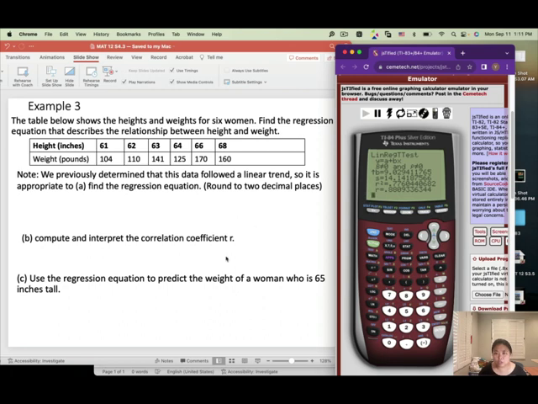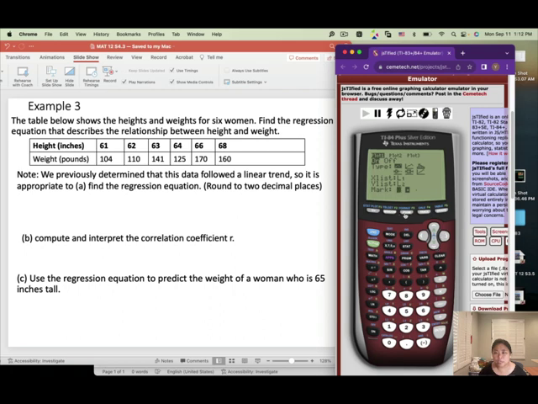Once you get all this information, I want you to construct the scatter plot using your calculator. Once you're done, click on 2nd, STAT PLOT, turn on the first one. You will choose the first icon. My X list will be L1, Y list is going to be L2.